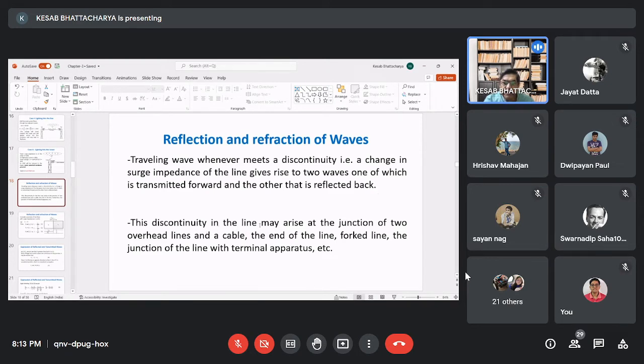This discontinuity in the line may arise at the junction of an overhead line and a cable, the end of a line, a forked line, the junction of a line with terminal apparatus, etc. That is, whenever a traveling wave meets a discontinuity, that is, there is a change in the surge impedance from the path where it was initiated and the path where it has to flow next, there will be a reflection and refraction. Now let us discuss those things.